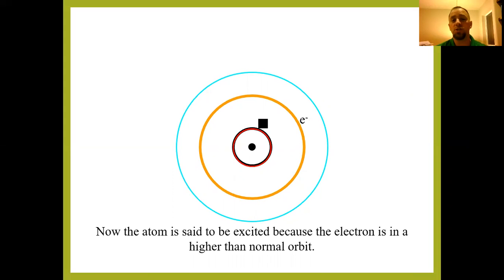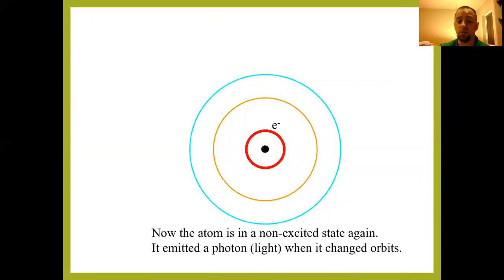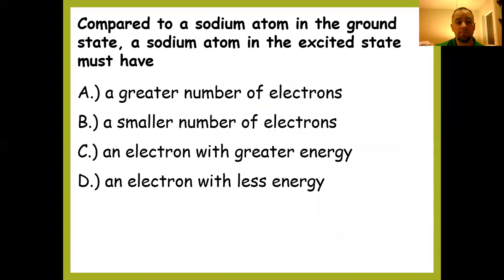It's gained that energy, it's further from the nucleus, so that electron moved to an outer energy level. When it loses that energy, the electron moves to a non-excited state. So it moves back down to the ground state and emits a photon of light.